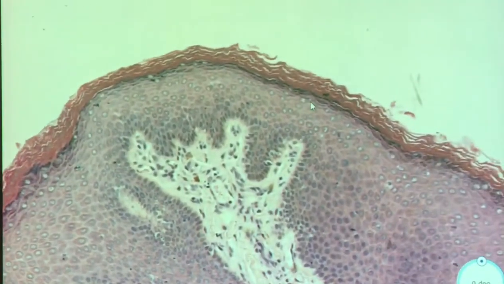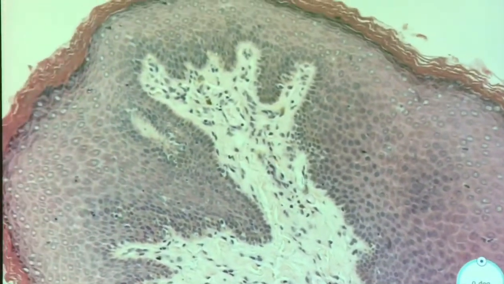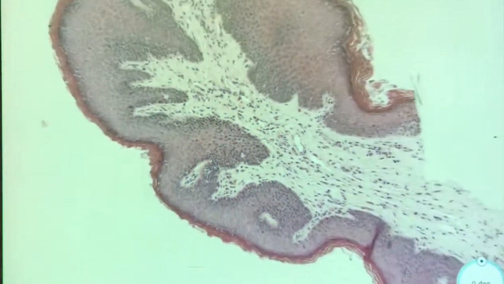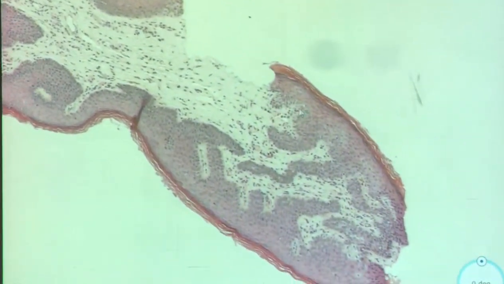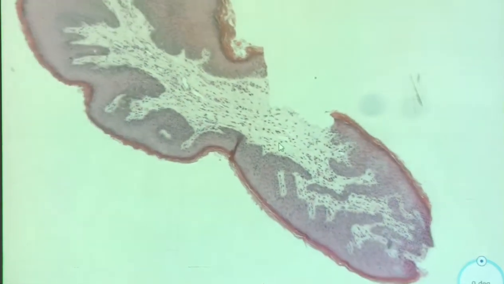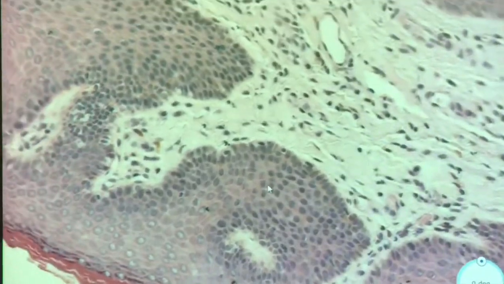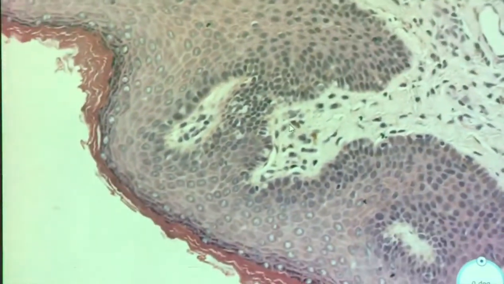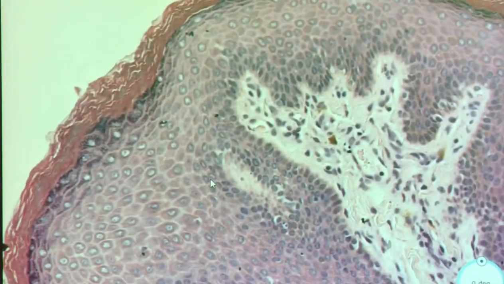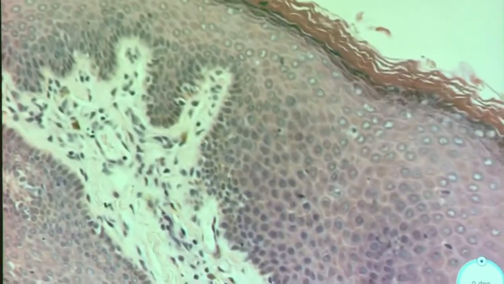Okay, nice keratinized layers, nice granular layer. Looks like a polyp of some sort. I agree, these lesions are polypoid. I don't see any overt dysplasia.